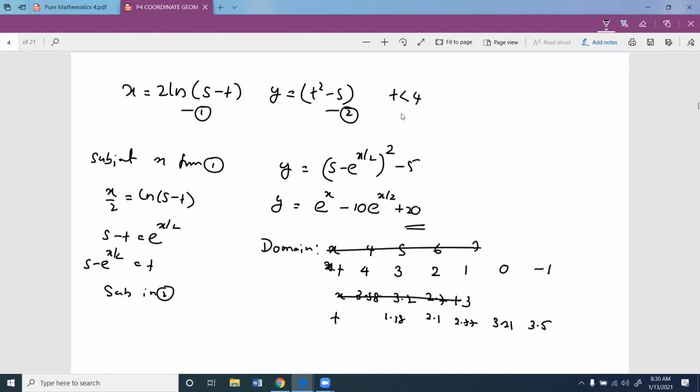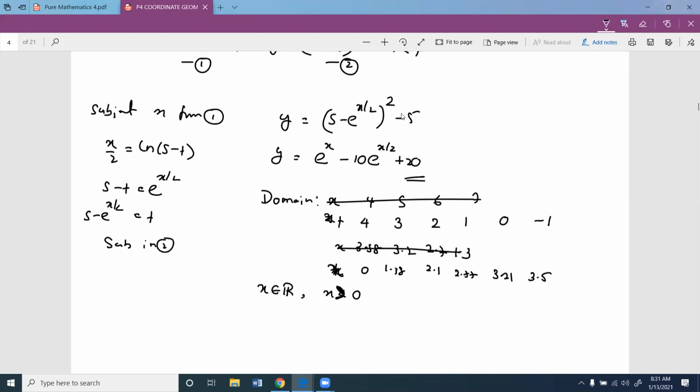At 4, it turns out to be 0. So from 4, it is increasing toward the negative side. Therefore, you can say the domain is x is any real number, and x is less than 0, because x goes up to 0, starting from 0 like this. So x is less than 0.